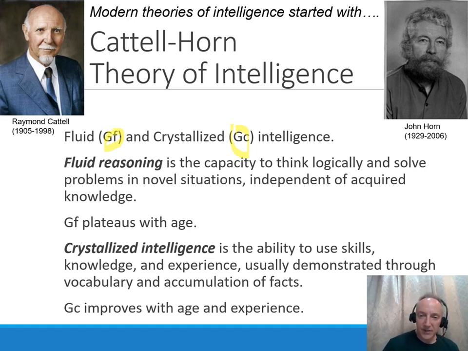The reason these two abilities, types of reasoning, are so important is because they presented hard data that showed us these are real types of human abilities that have different developmental pathways.